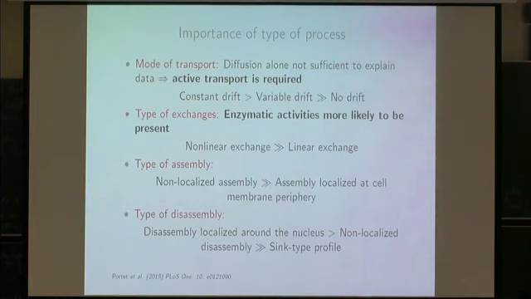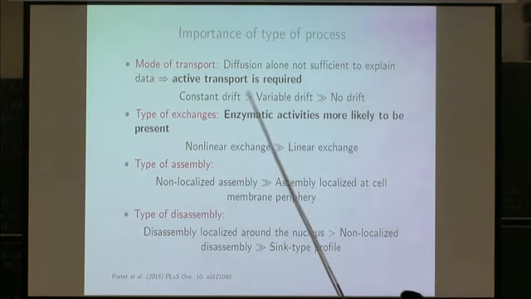If I have only passive transport, only diffusion, what is going on? If I have active transport but with constant speed, what is going on? And so on. This way I'm able to extract what are the more likely processes to occur.